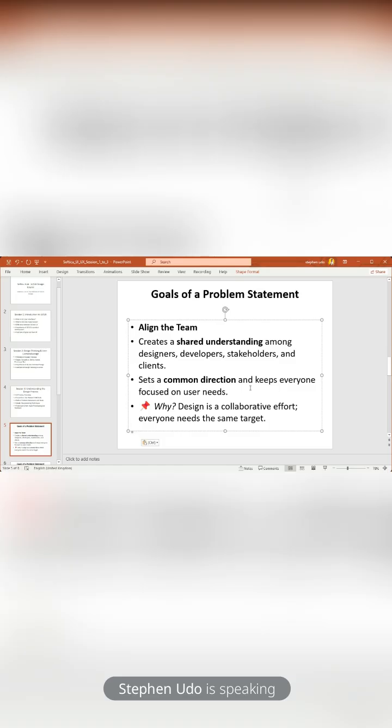It sets a common direction and keeps everyone focused on user needs, so everyone knows what they're working on. Why? Because design is a collaborative effort. In short, tech generally is a collaborative effort. You cannot do things on your own. That's why you need the goal of a problem statement to help everybody stay on track.